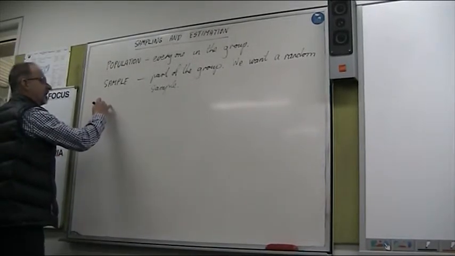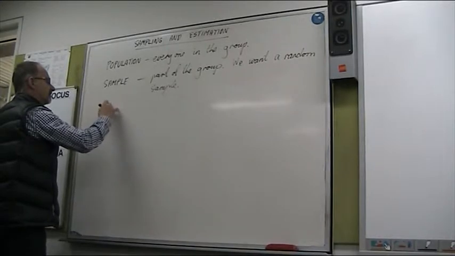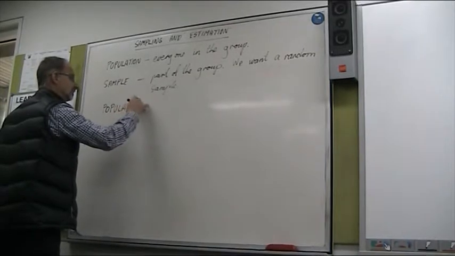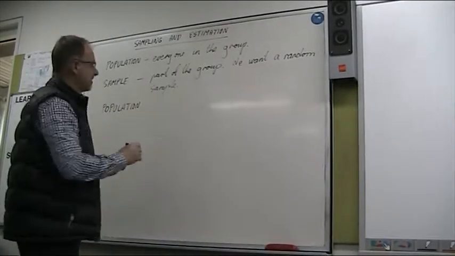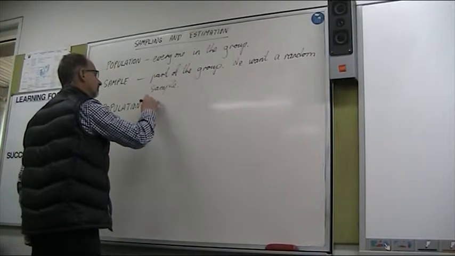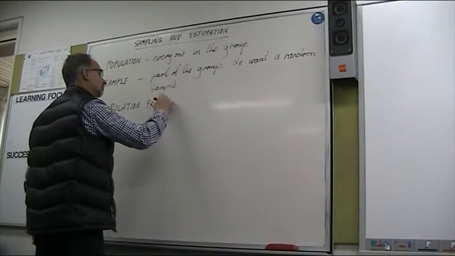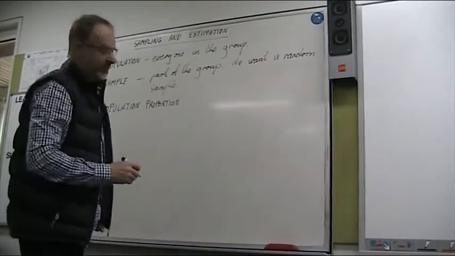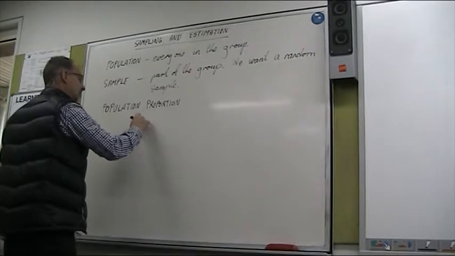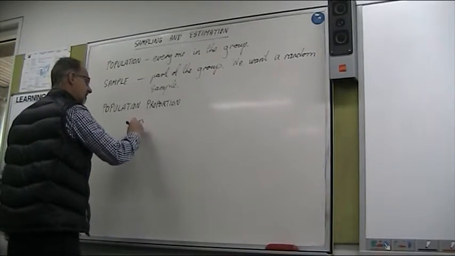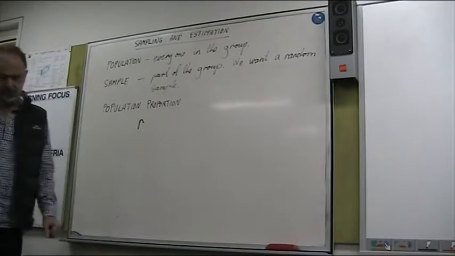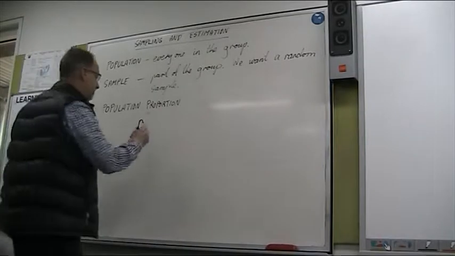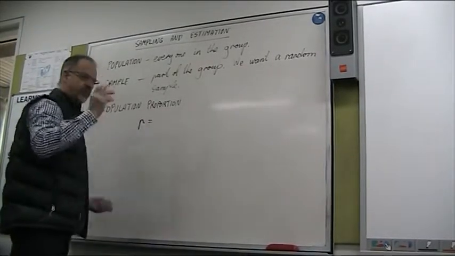The next thing we're looking at is what's called the population proportion. So the population proportion, we use P to represent that. So that's what proportion of the population have a particular thing, blue eyes or whatever it might be.